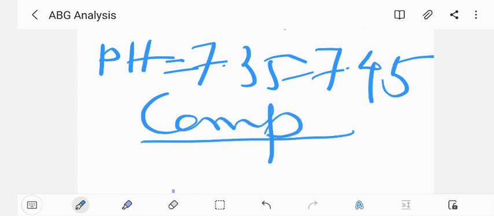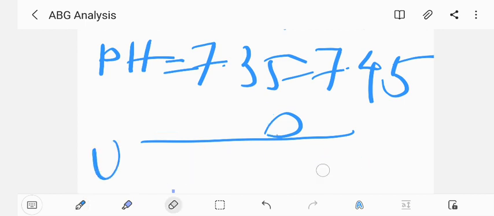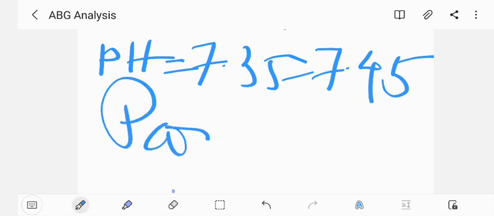But if it is not within 7.35 to 7.45, that will be non-compensated or uncompensated. Or the third condition is that it is going from alkalosis towards neutral, or acidosis to neutral, then it will be partially compensated.